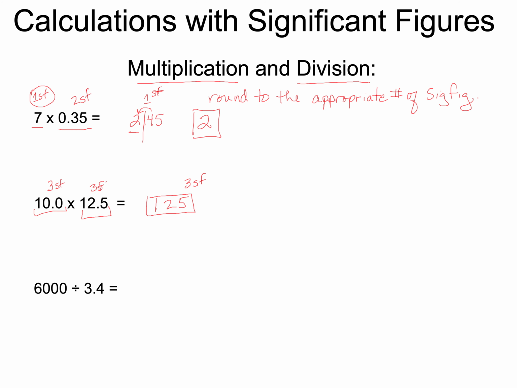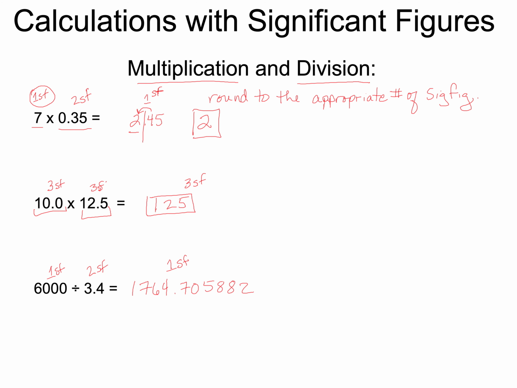For the third calculation, 6,000 divided by 3.4, the 6,000 is actually 1 significant figure. 3.4 is 2 significant figures, so your answer needs to be in 1 sig fig. When you put this into your calculator, however, it's going to give you a really long decimal number. My calculator puts out quite a few decimals.